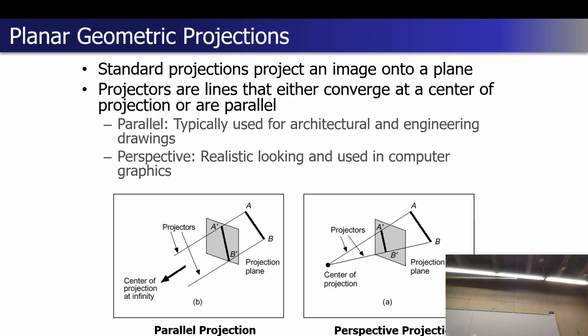Whereas when we want something more realistic, because that's how our own eyes see the world, we are going to want perspective projection, where we have a center of projection. Again, think of that as your retina or your camera sensor, and as projectors are visualized as coming from the object to a projection plane, they are converging at that center of projection.